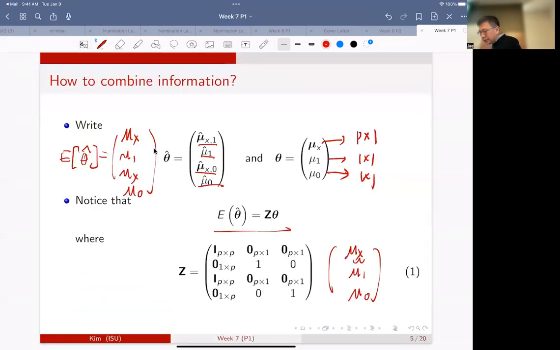Now our goal is to combine this information. As a linear way, I can consider a linear weighted sum of the original estimators and combine them in an optimal way.